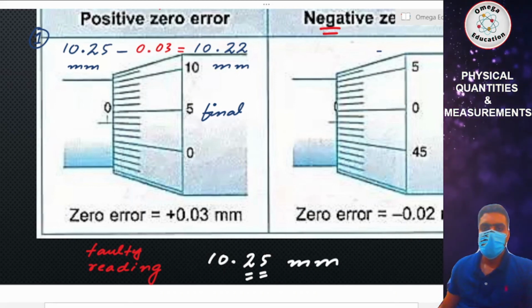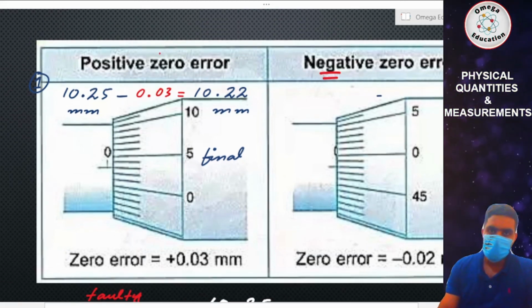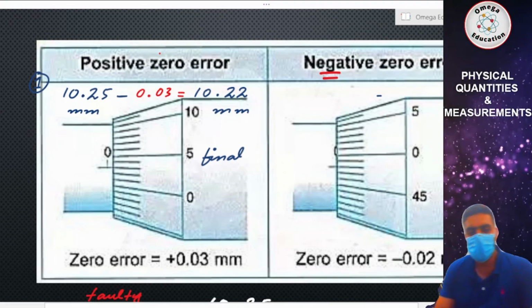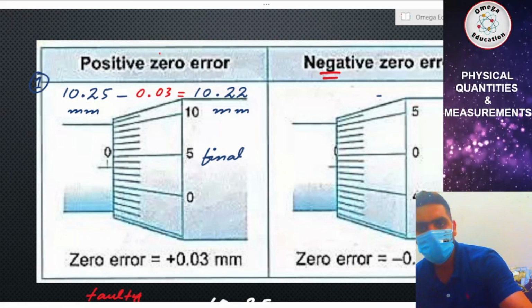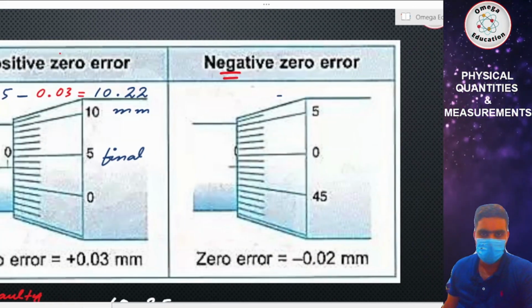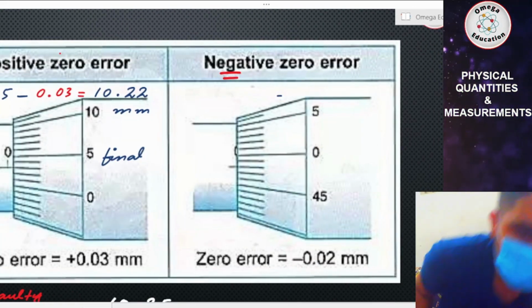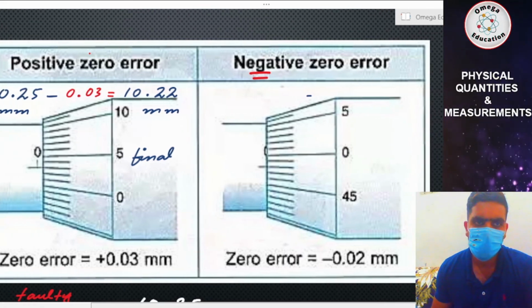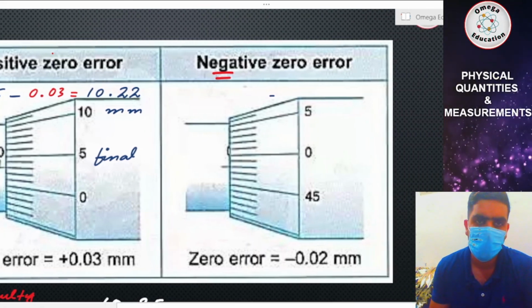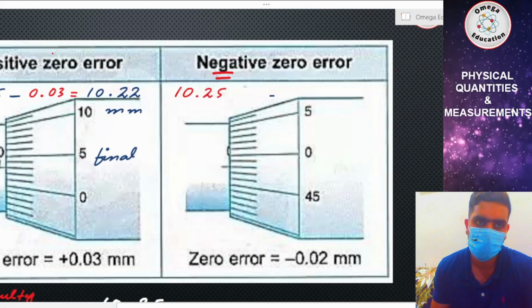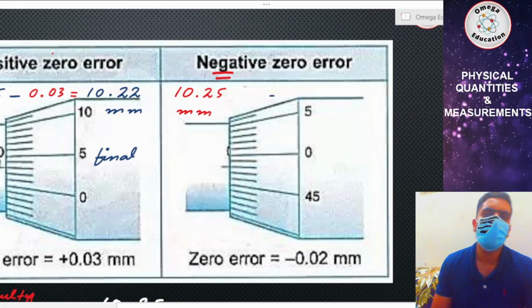Now for the negative zero error, let's say I measured with a micrometer that had negative zero error in it, and it was negative 0.02 millimeters, and the faulty reading, let's say, was once again the same, 10.25 millimeters. This one is a faulty reading, it has zero error in it.